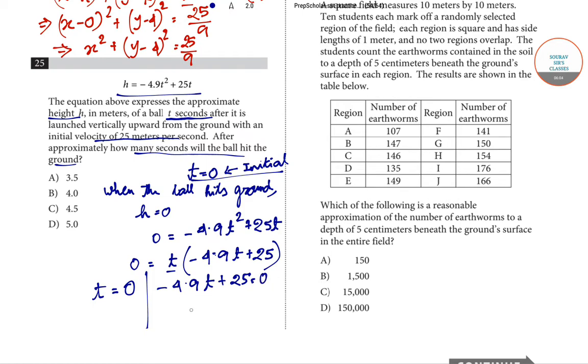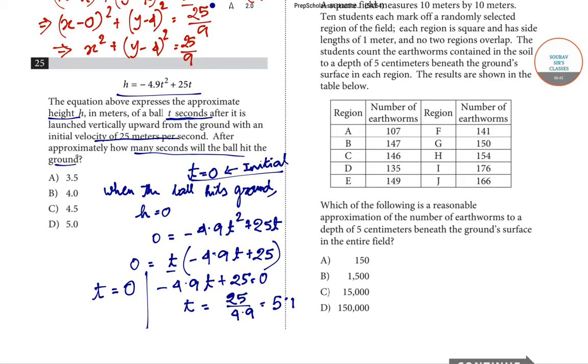So minus 4.9 t is equal to minus 25, meaning t equals 25 by 4.9, which is equal to 5.1. So the height can be 0 at 2 points. When t equals 0, that is the point of initiation when the ball is just thrown upward, the height is 0, and after 5.1 seconds of throwing the ball it will again hit the ground, so the height will be again 0.